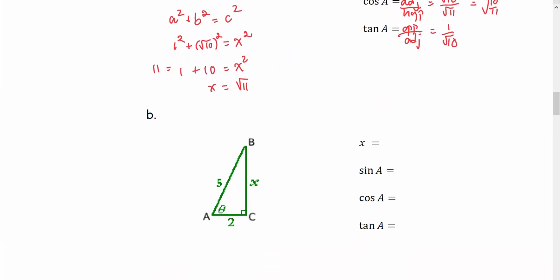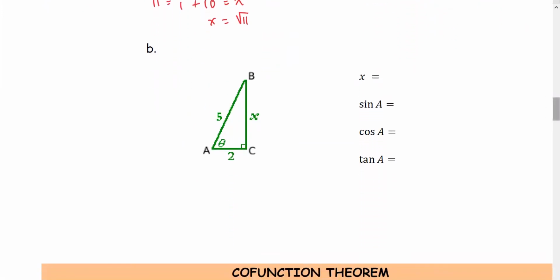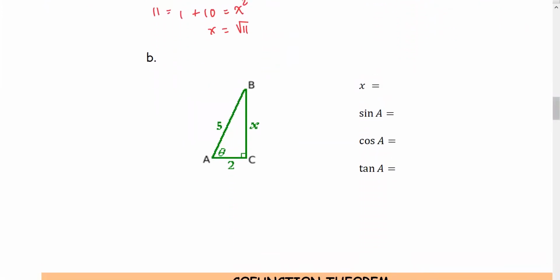And in part B, the given diagram gives the side opposite to angle theta, or angle A, as x. The opposite side to angle B is 2. And the side opposite to angle C, or the hypotenuse, is 5. We're going to find x using the Pythagorean theorem again.